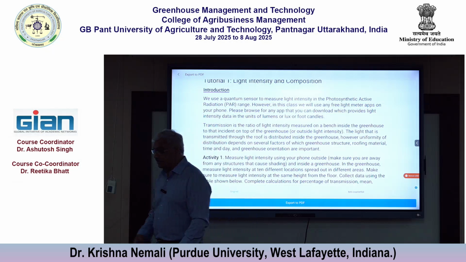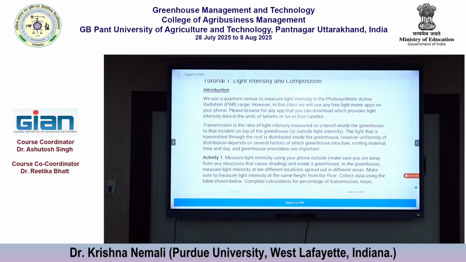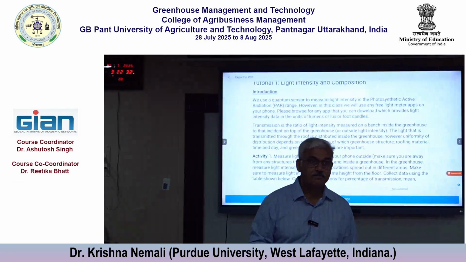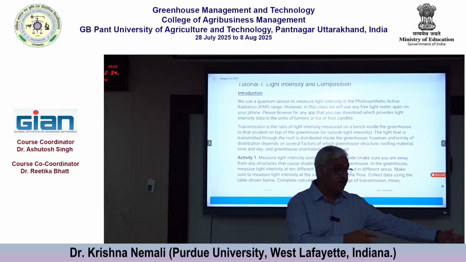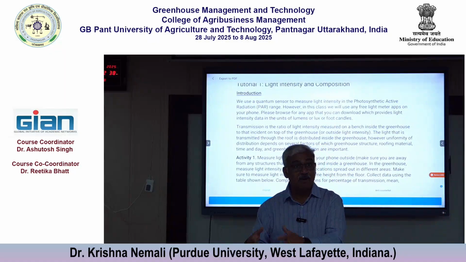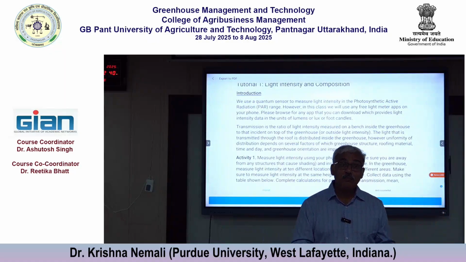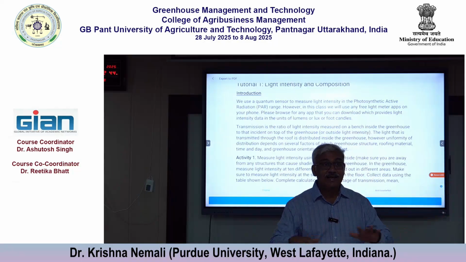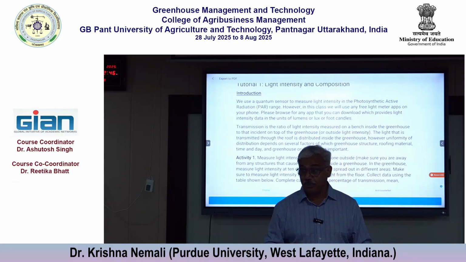Otherwise, what happens is if the light transmission is not uniform, some spots will get more light, some spots won't get sufficient light. Wherever there is more light, the plants will grow bigger, and in other parts, where there is less light, the plants will not grow as well. So you will end up with a crop that is not uniform, big, small plants, and that's not good. It will reduce your profits. You want a very uniform crop.